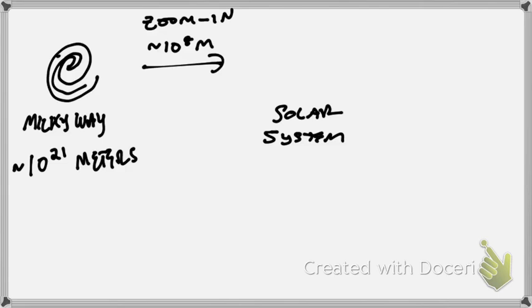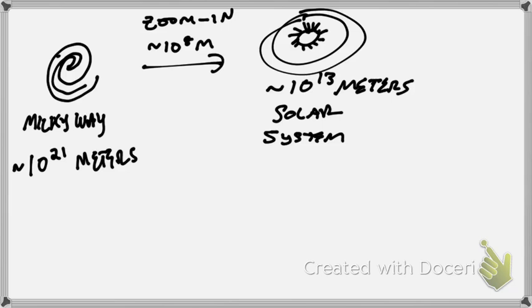And our solar system is about 10 to the 13 meters. All right. So here is our sun, surrounded by all of the planets, right? And that's our solar system. So that's about 10 to the 13 meters.